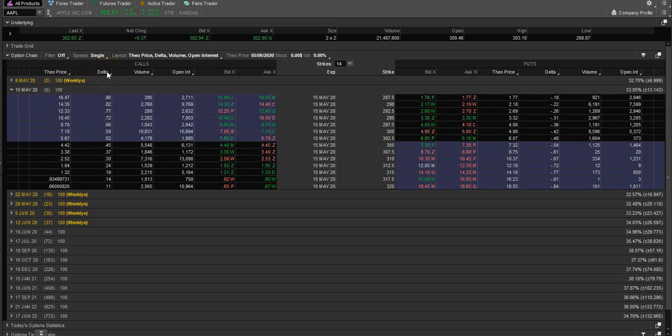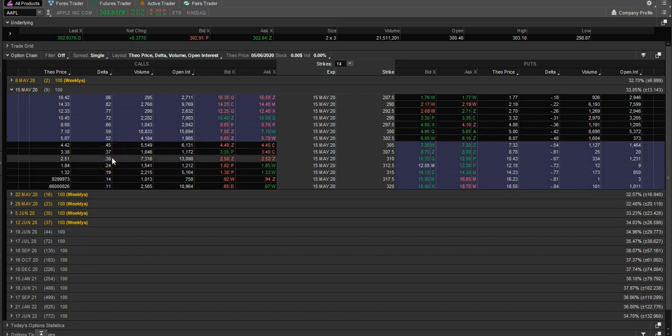Then I have delta. Think of it as one of 2 ways, keeping it simple and basic. All it is is what are the odds of it touching? So the odds in the next 9 days of the 315 getting touched is about 19%.